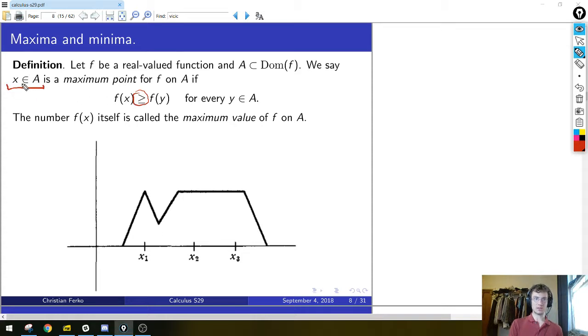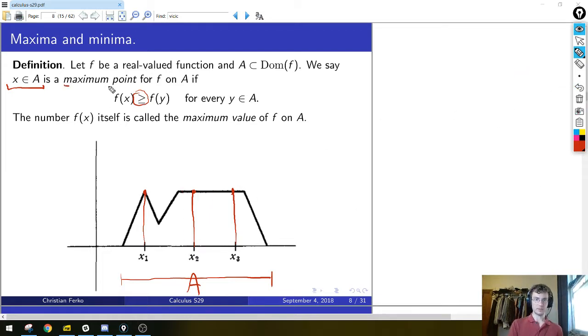The definition only says x is a maximum if f of x is greater than or equal to f of y for every other y in A. So for instance, if this interval where the curve is defined is our interval A, there are actually many maximum points on A. x1 is a maximum point because f of x1 is at least as big as f of y for every y in A. x2 is a maximum point, x3 is a maximum point, and actually any point in this plateau is also a maximum point.